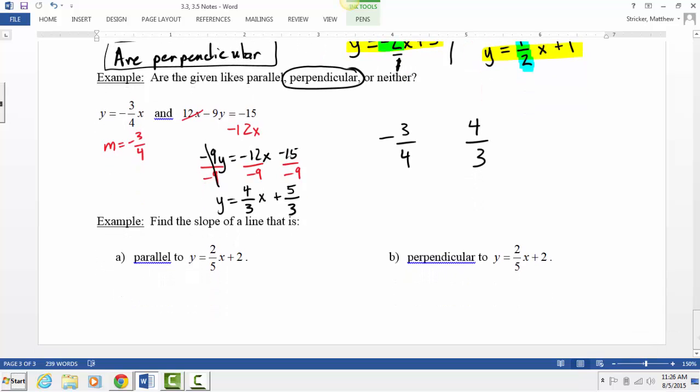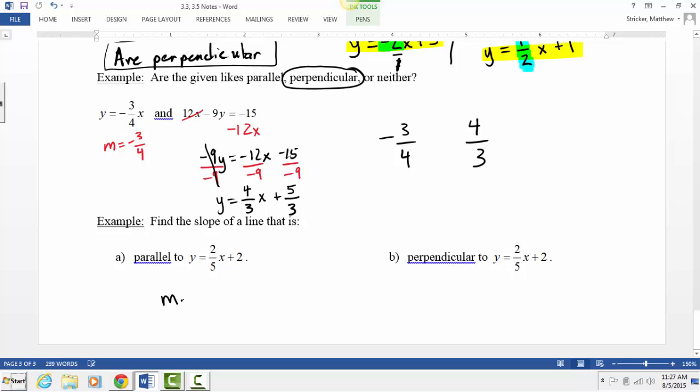Alright, one more set of examples here. We want to find the slope of the line that is parallel to y equals 2/5 x plus 2. If the two lines are parallel, their slopes are the same. So the slope of a line that is parallel to this line should have the same slope.